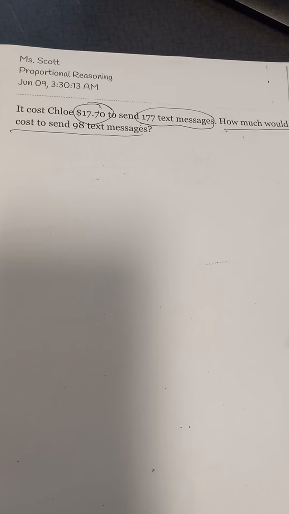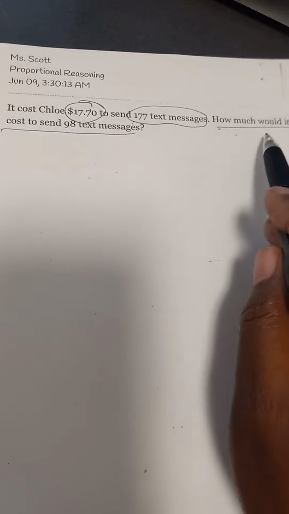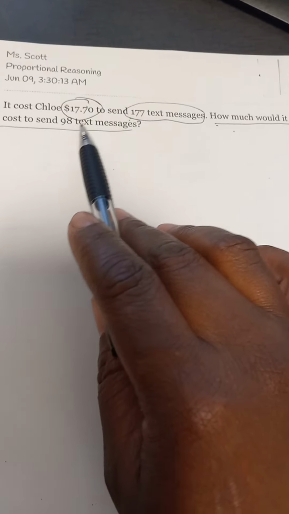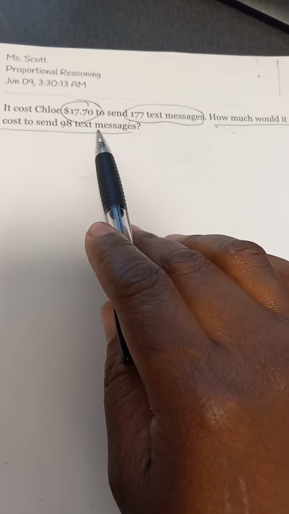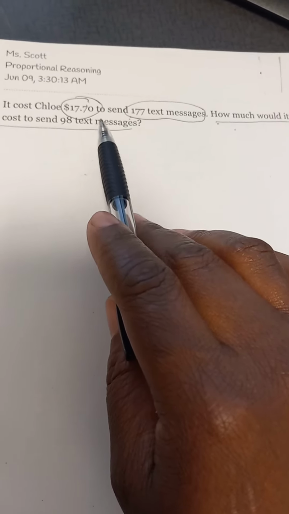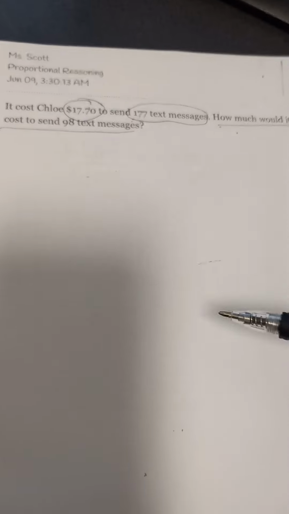So we know we're going to take cost per text. Why cost per text? Because it's asking us how much would it cost to send 98 texts. So how much did it cost? One text costs how many dollars? Two texts would cost how many dollars?